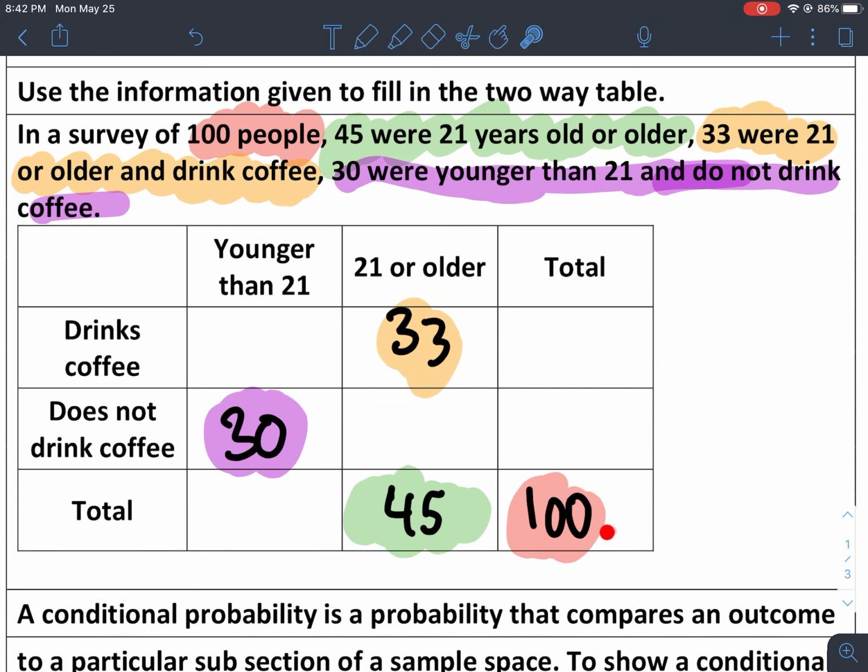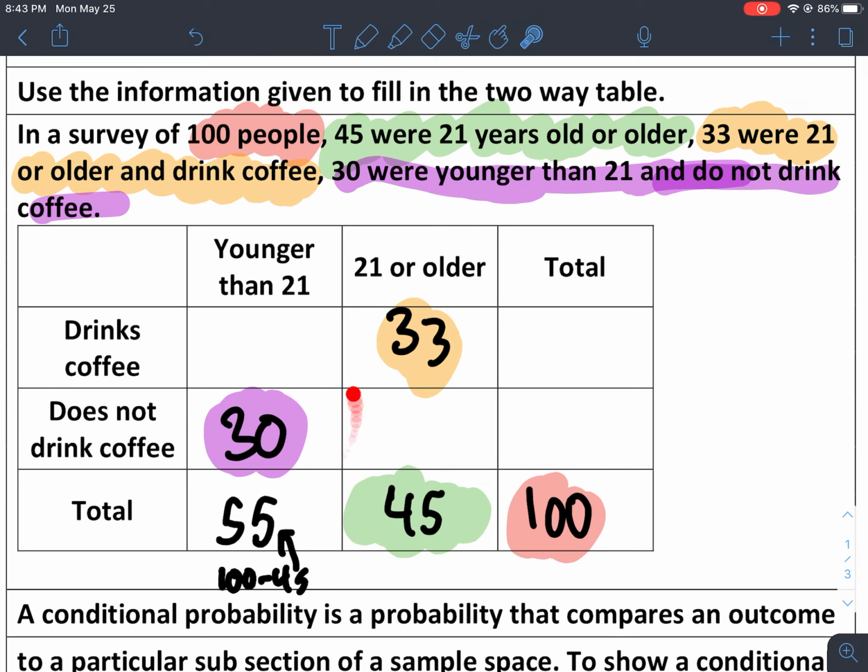So that means if there are 100 total people, 45 of them are 21 or older, that means that the other 55, that's 100 minus 45, means the other 55 are younger than 21, right? Because you're either older than 21 or you're younger than 21. Those are kind of the two options. So those should add up to our total number of people.